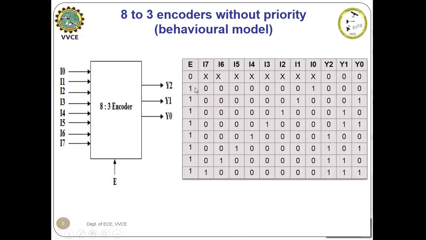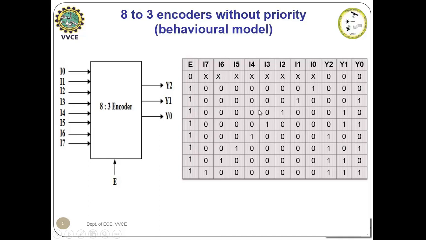Now when your enable is high, your encoder will be active. When your enable is low, your encoder will be inactive. So when your enable is high, encoder will be active, and if I7, I6, I5, I4, I3, I2, I1 are 0 and I0 is high, then Y0, Y1, Y2 will be 0.